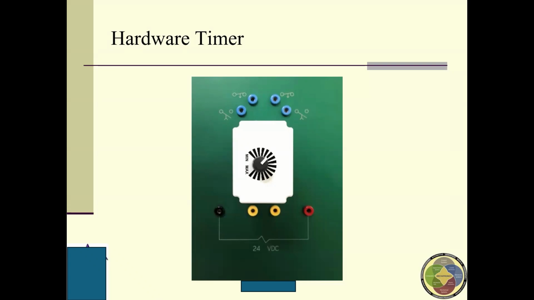This is a red one, and this is a dark one. We have power here, and we have the ground or common here. You need to energize it, right? And here is a timer, so you can adjust how long the preset value is. We use the word preset value.